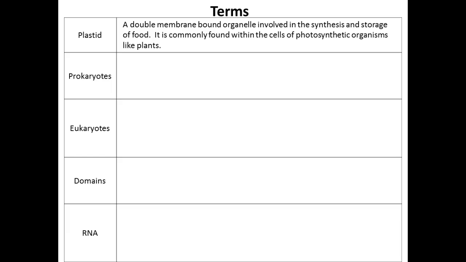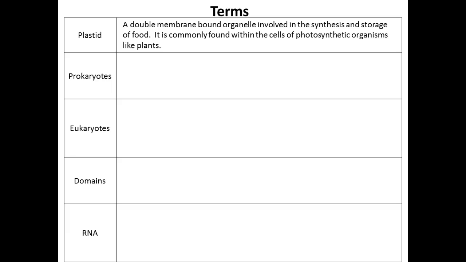They're commonly found within cells that are photosynthetic organisms like plants. So this is related to what organelle you're familiar with in plants? Chloroplasts, right? But the evolution on how these came to be, you hear this terminology of plastid, which is where it kind of gets the name chloroplast. And we're going to talk a little bit about that today.